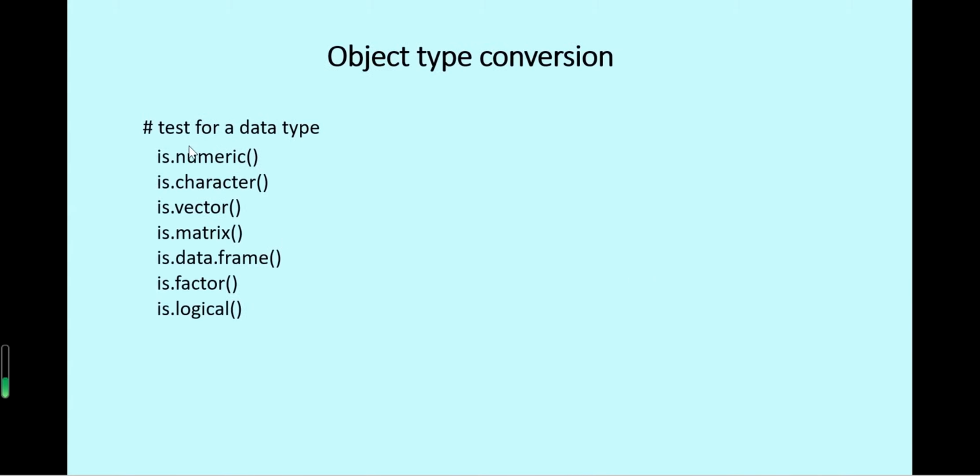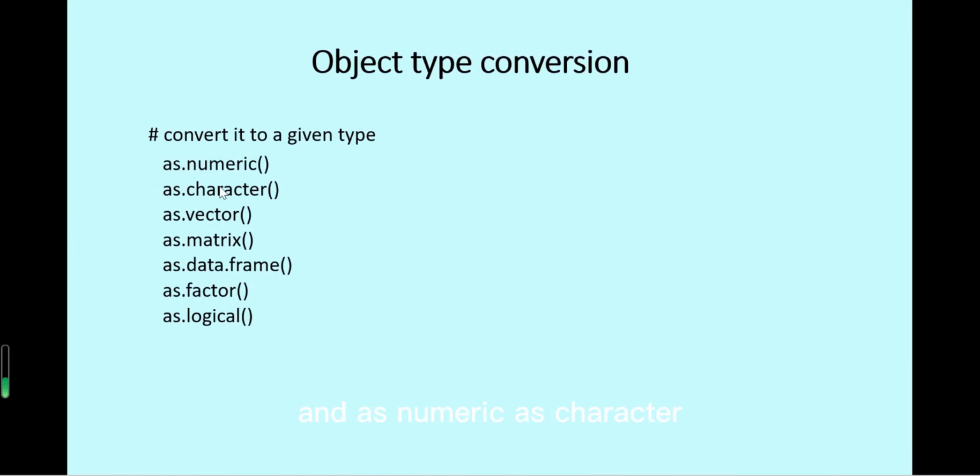For example, this series of functions is used to test a data type. is.numeric will test if the object, variable, or vector is numeric, and is.character will test if the object is character, and is.matrix, is.vector, is.data.frame, is.factor, is.logical, and so on will test the object's associated type.